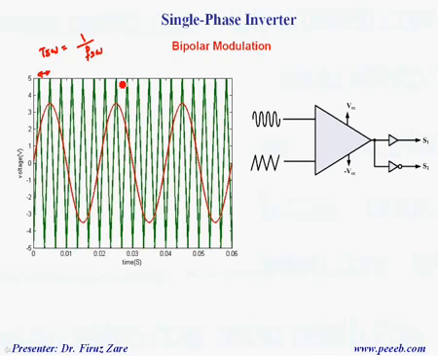So by increasing the switching frequency, we can change the frequency and RMS of output voltage. In the control section, we compare a sine wave with a triangular waveform, and then we get gate signals for different switches. So not only can we improve the quality, but also we can control the frequency and magnitude of output voltage.